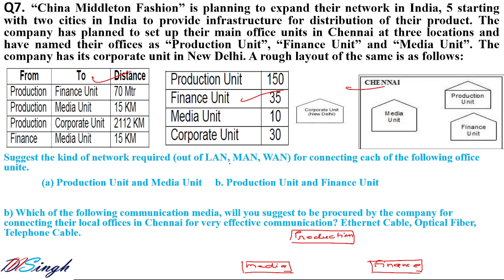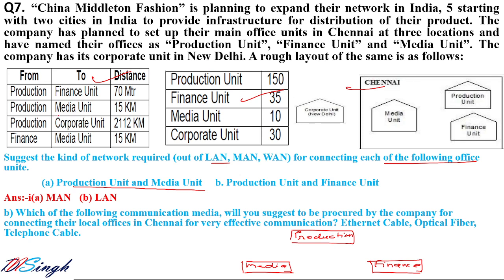Suggest a kind of network out of LAN, MAN for connecting each of the following office units, like production unit to media unit, and production unit to finance unit. That is going to result in LAN, local area network. Oh, the distance is more. The problem is, for production unit to media unit, how much distance?